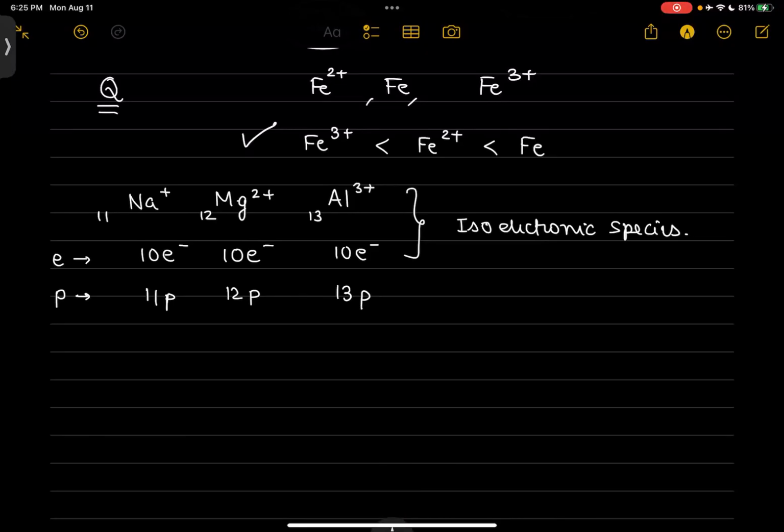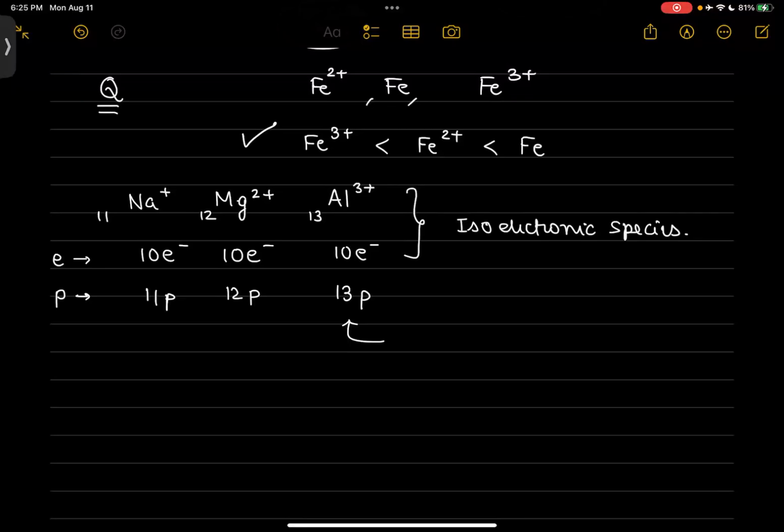So the size is going to be the smallest. For isoelectronic species, the electrons are the same, so I'm not talking about the electrons. The higher the number of protons, the higher the attractive force, and the smaller the size. So these 10 electrons are going to be pulled by 13 protons and the size will be least. Got it? Yes, sir.